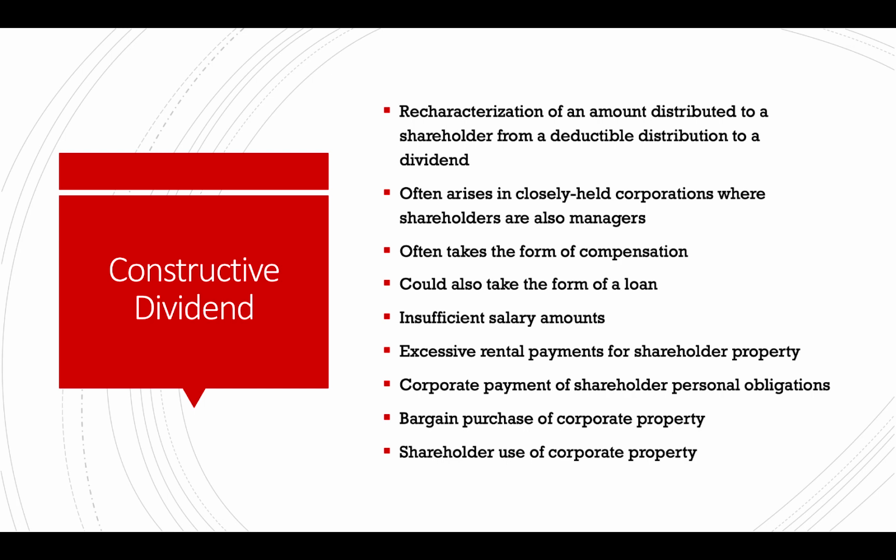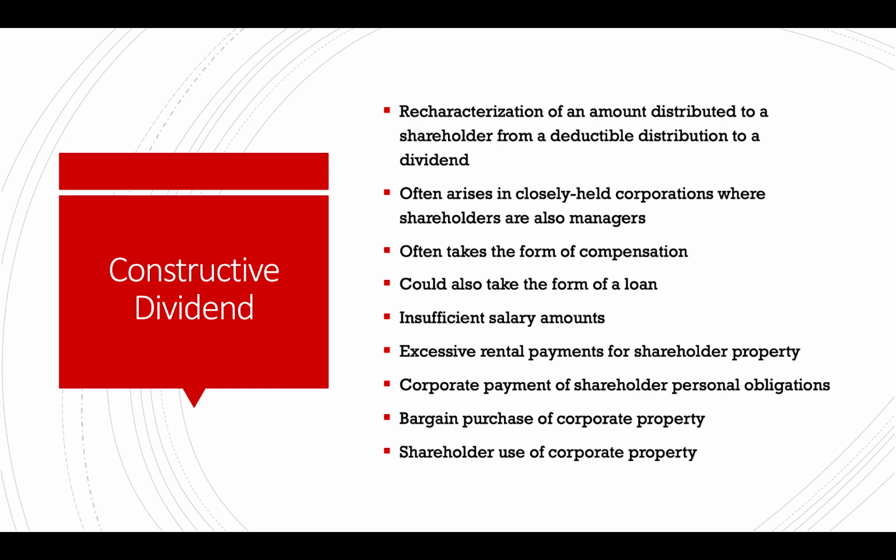It could take the form of a loan. It could also be an insufficient salary if, for other tax purposes, we want more dividend and less salary. It could go the other way. It could be excessive rental payments for shareholder property.